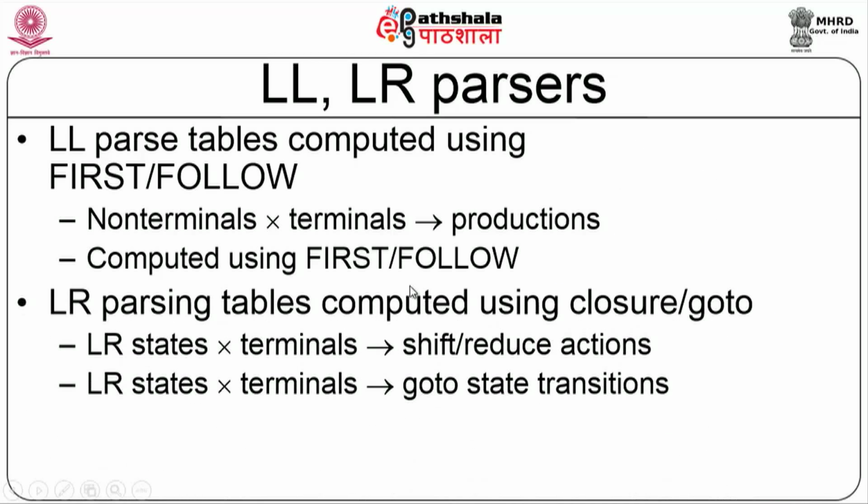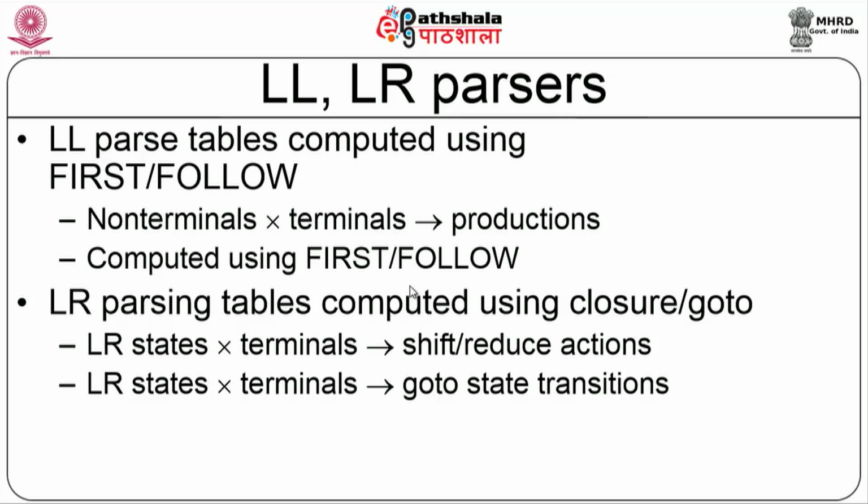Okay. And then, LR parsing tables are computed using closure and goto. So the item set construction is the first step. Item set constructions can be LR of 0 items for the SLR parser, or LR of 1 items for LALR and canonical LR parsers, where the rows refer to the LR states.